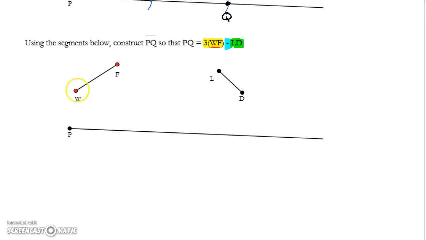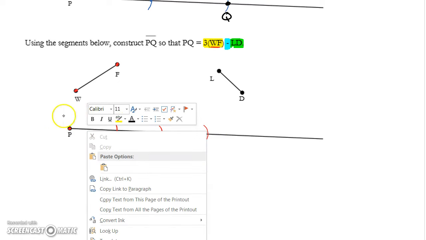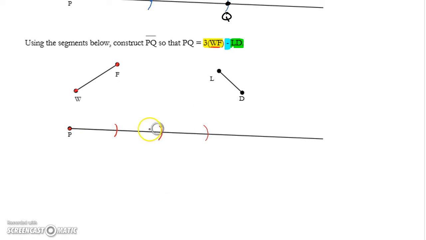Measure the segment using the point and the pencil on your compass and lock your hinge. Bring the point down to point P, mark your first arc, move your compass, mark your second arc, move your compass, mark your third arc. You have now marked 1, 2, 3 segment WFs.